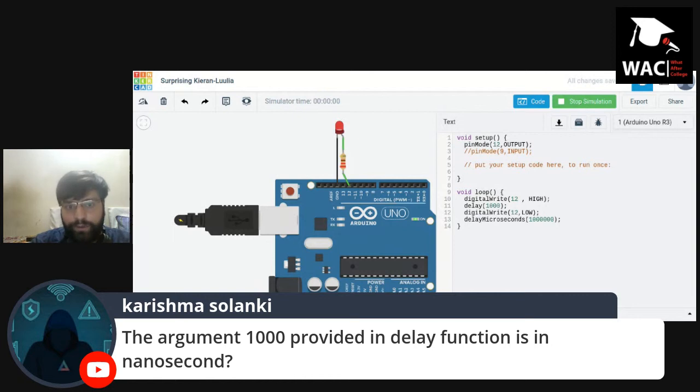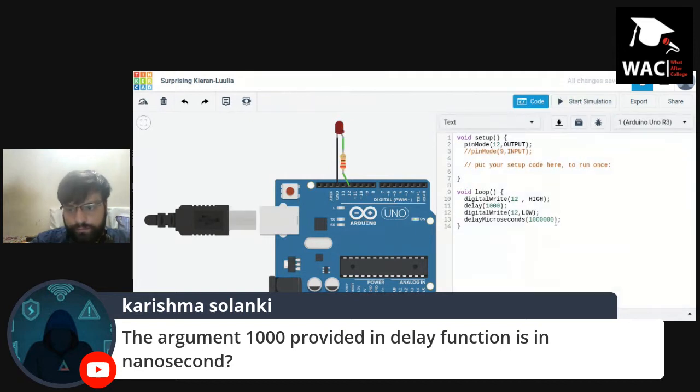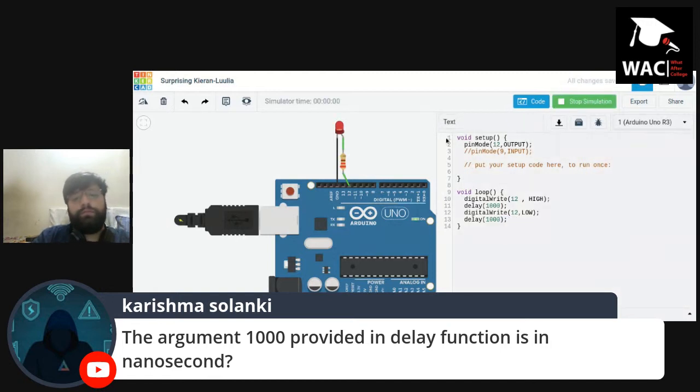That's why the LED wasn't turning off. One, two, three. Let's go for a normal delay then over here. Okay, you guys can see that the LED is blinking.